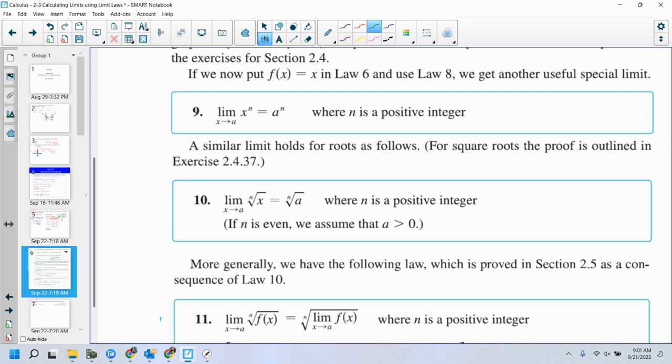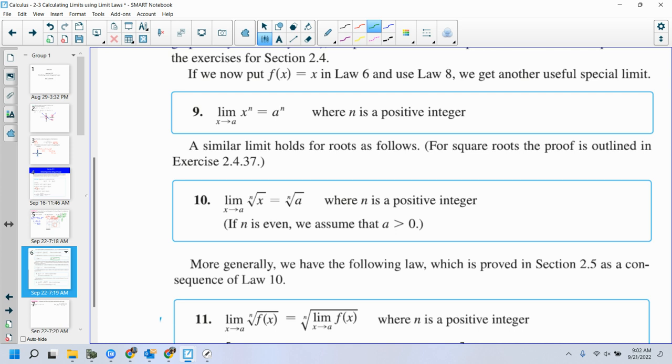Well, that follows, right? I've got the power law, and I've got this rule that says the limit of x going to a of x is a. Just apply a power to that. So we're saying the limit as x goes to 2 of x to the third power is 2 to the third power. I can just replace that x with a.